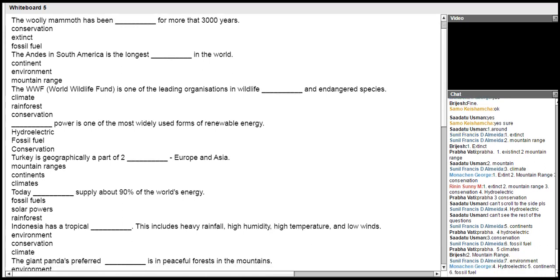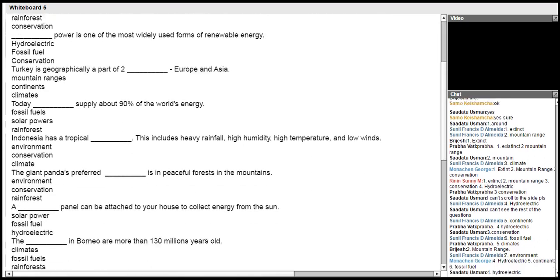Once you are done with it, just type finished in the chat box.